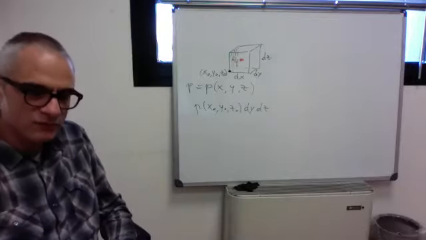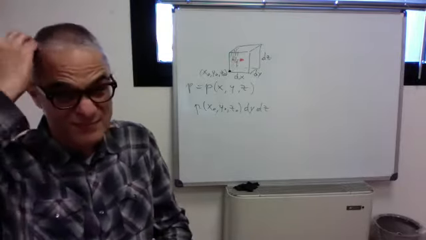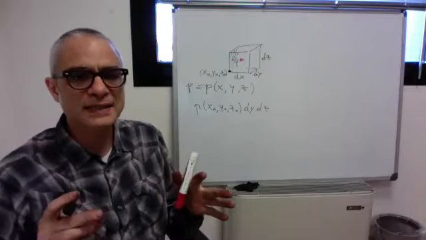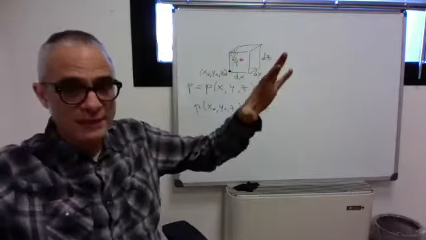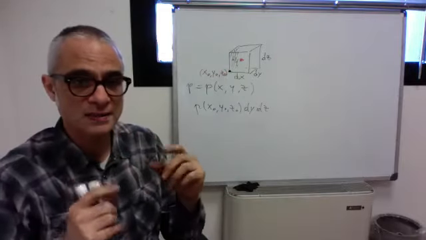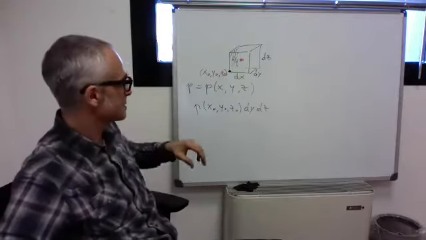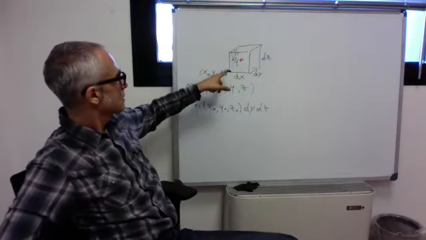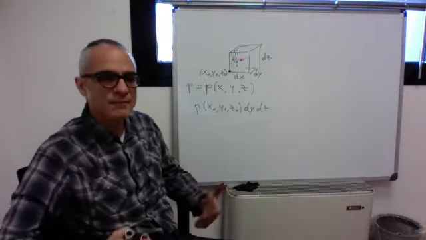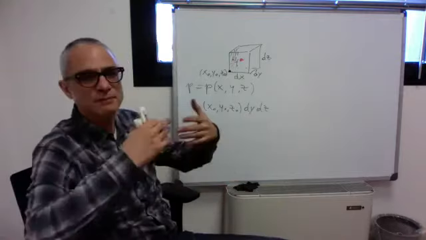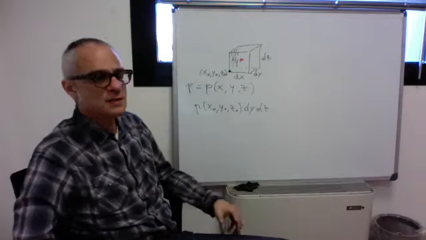That's one of the benefits of breaking up conceptually our medium into very small voxels, very small cells, very small cubes. The only rule is that they can't be big, but they can be as small as we want.